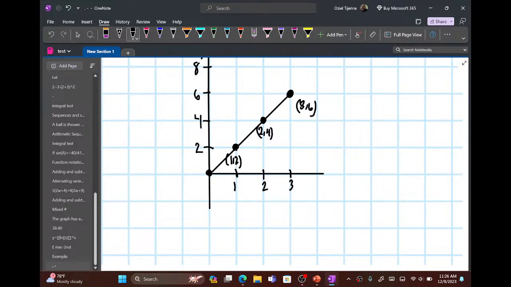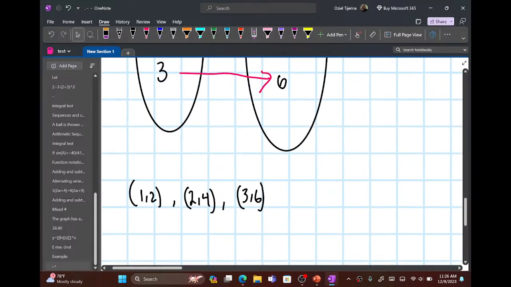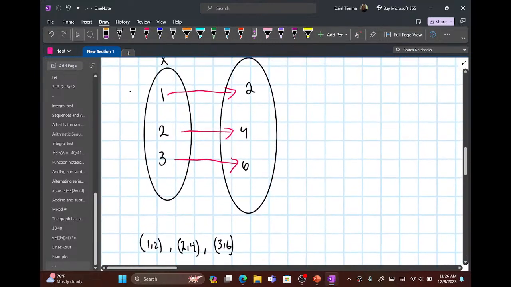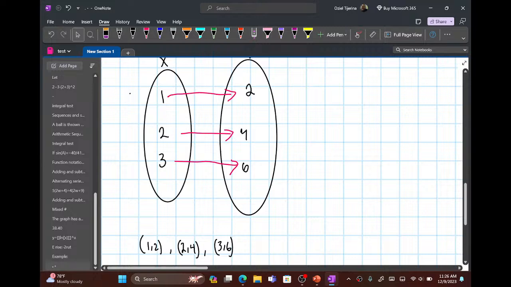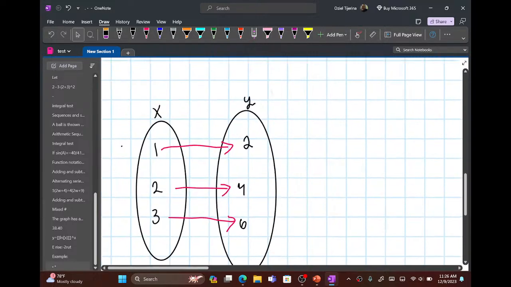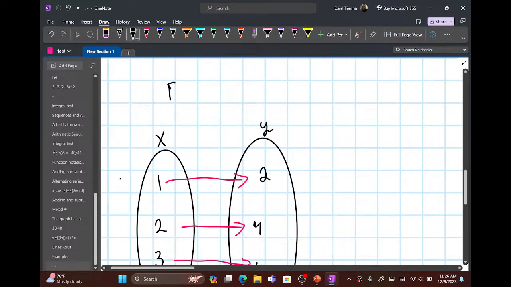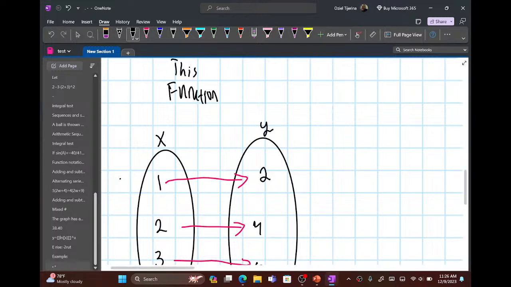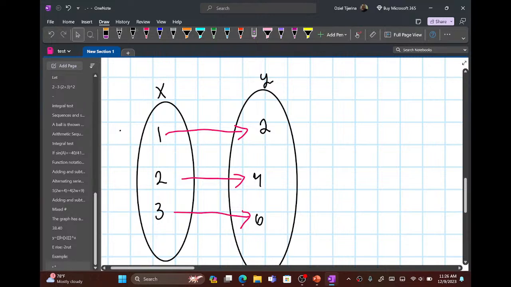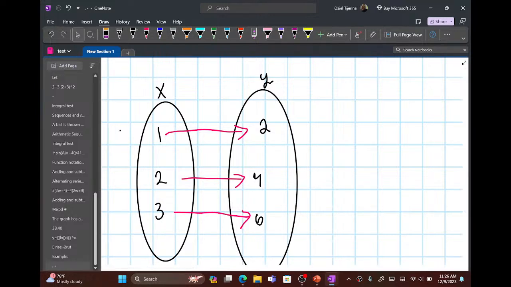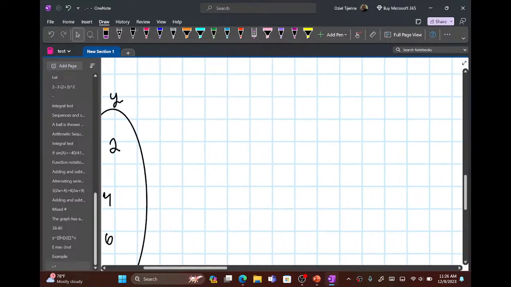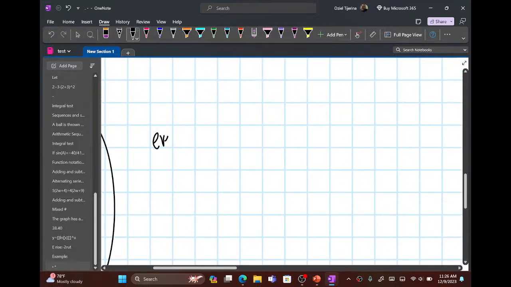So that is graphically how that would go. And this is okay for it to happen. So we know that this would be a function. This is a function, right? All of them are relations, but this would be a function because every x is only paired to one y value.